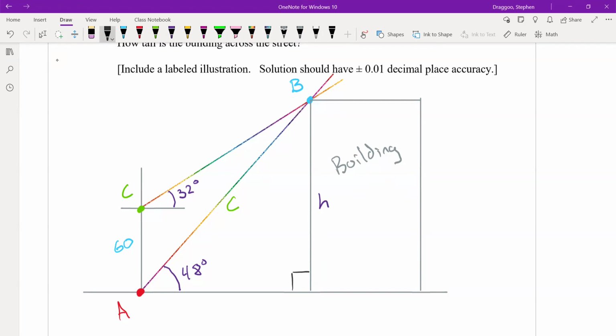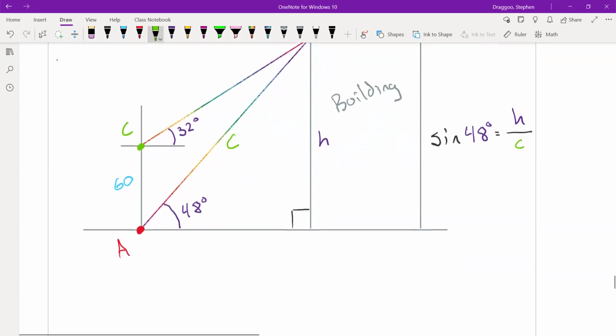Meaning, I could use just a regular old SOHCAHTOA equation, say that the sine of 48 degrees is equal to opposite over hypotenuse. So it's equal to h over c. So we've got an equation that'll get us the height of our building. All we'd have to do is solve that thing over for h, and we're good to go.